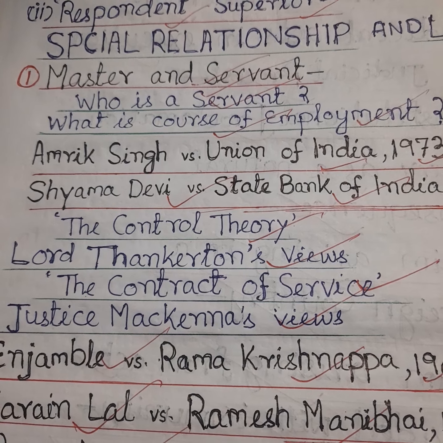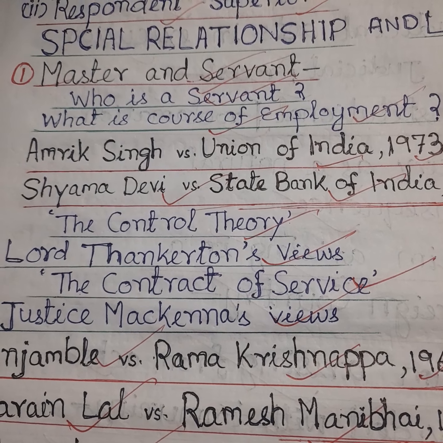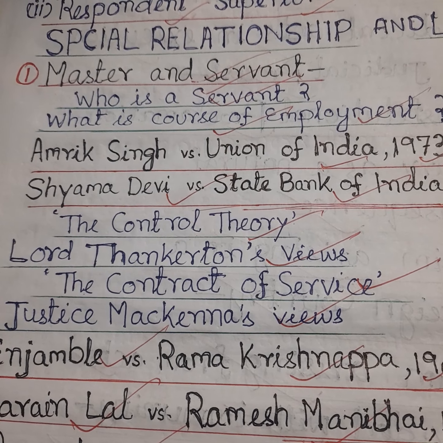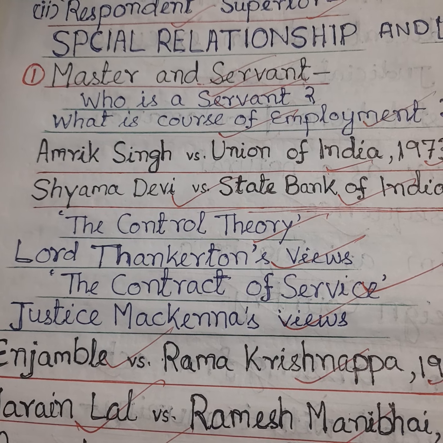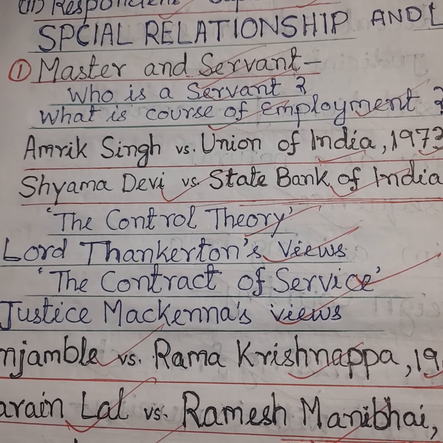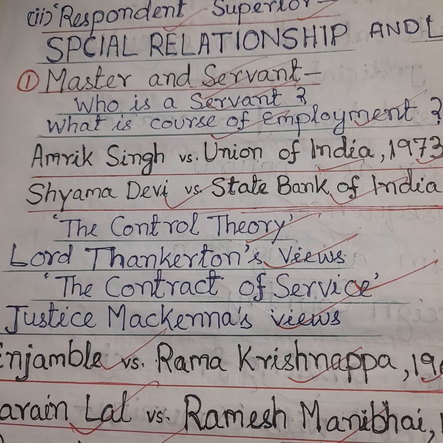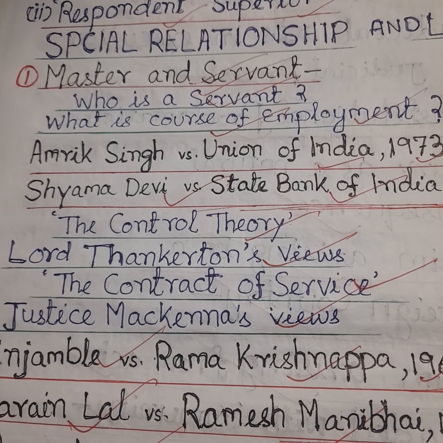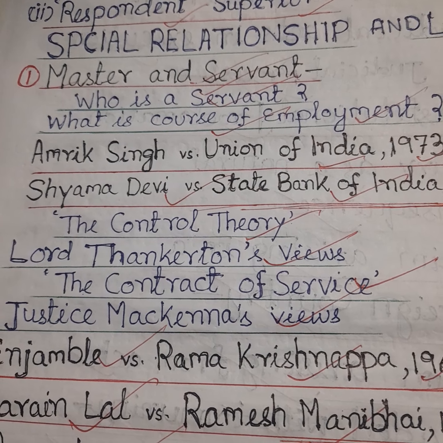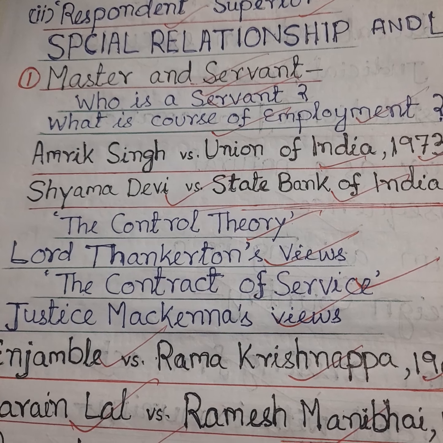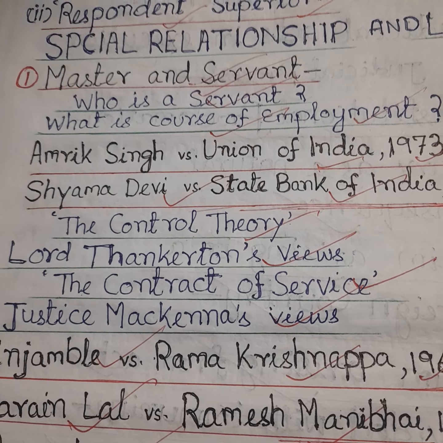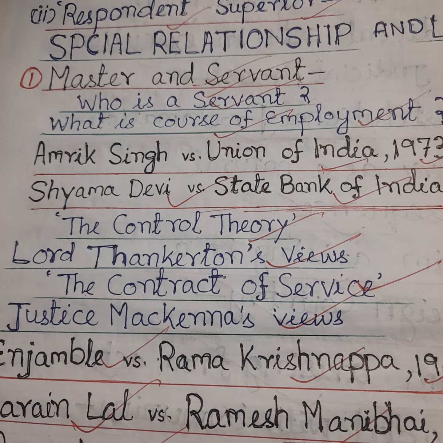The first one, a tort is committed by the servant, and the second one, the servant committed the tort while his master is directing him, acting in the very course of employment of his master.